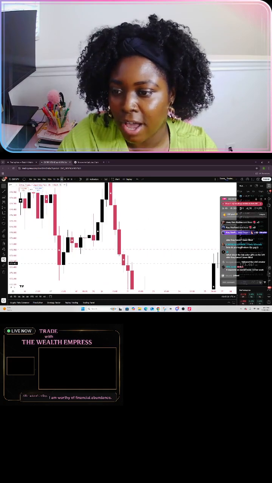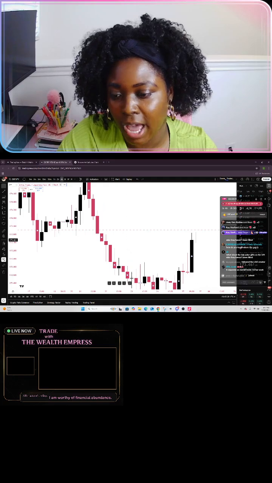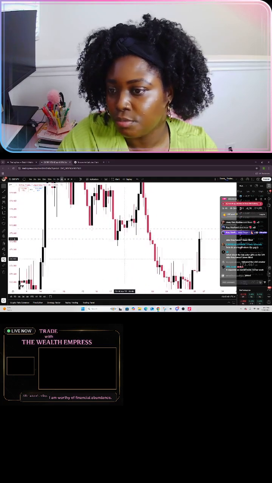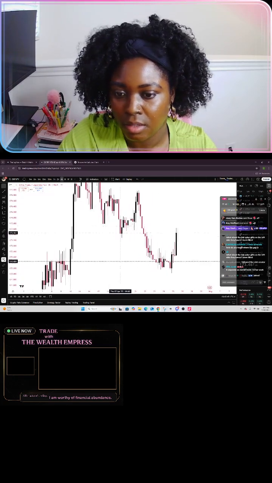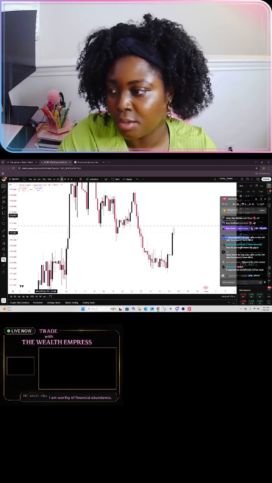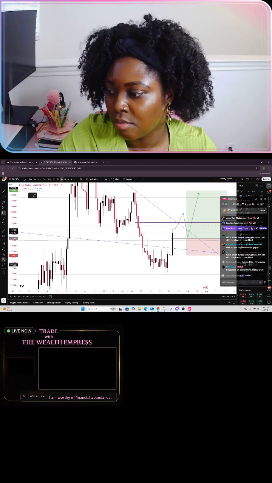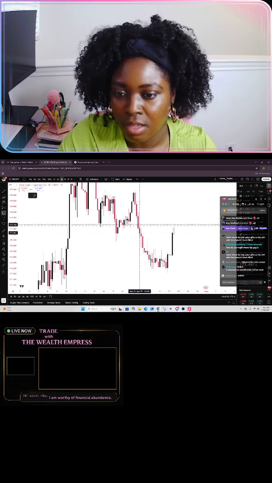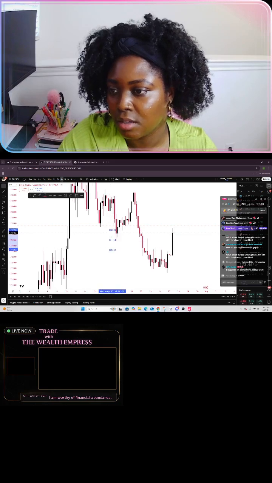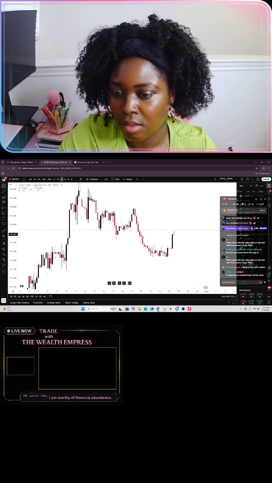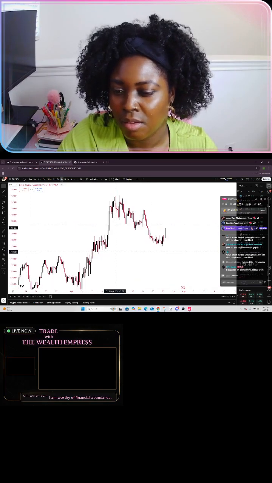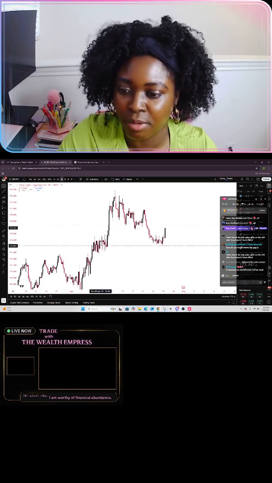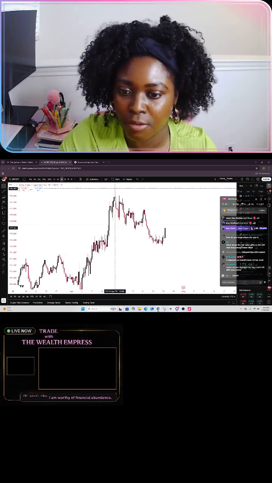What about the fair value gaps on the left side that haven't gotten filled? So technically, this right here is a bearish fair value gap. We're going to delete everything because I was going to say price broke structure, but price didn't break structure because this was our last structure point.